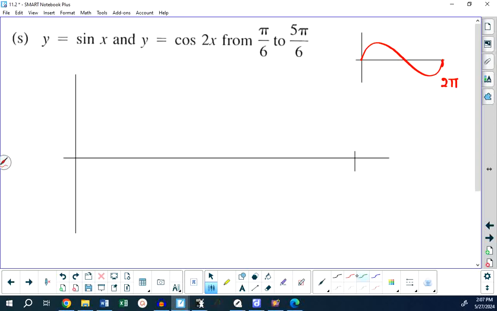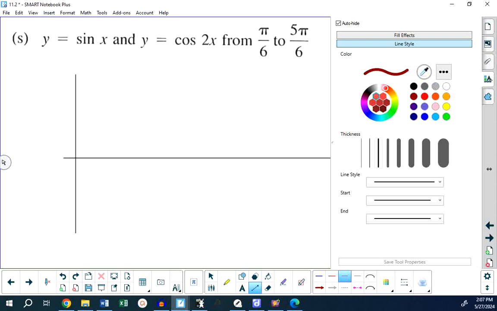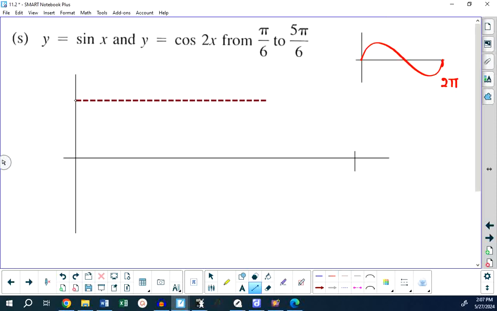Now what that means is y equals sine of x from 0 to pi will, we should also know that it goes one above and one below, right? And I'm just doing this so that I can make sure my graph looks fairly decent.